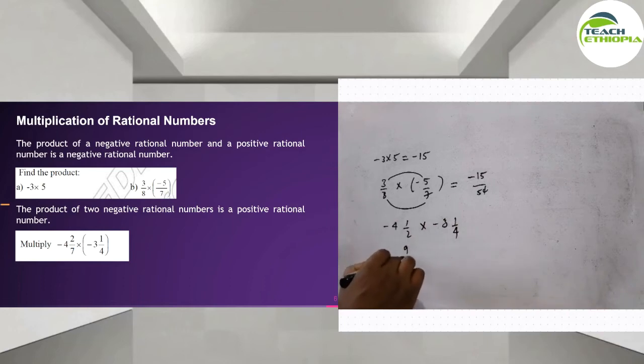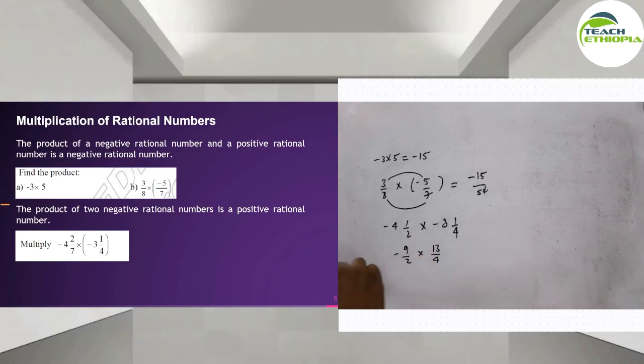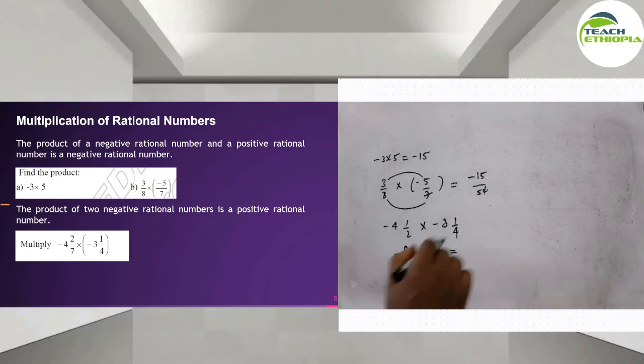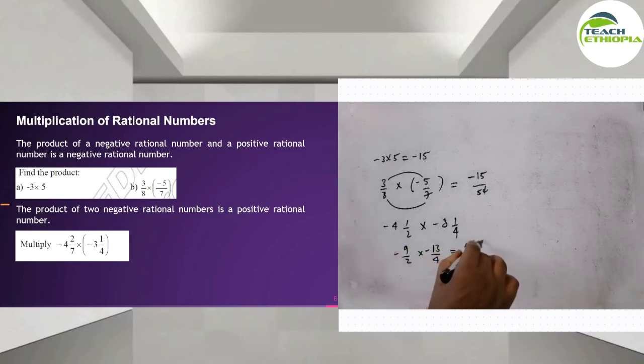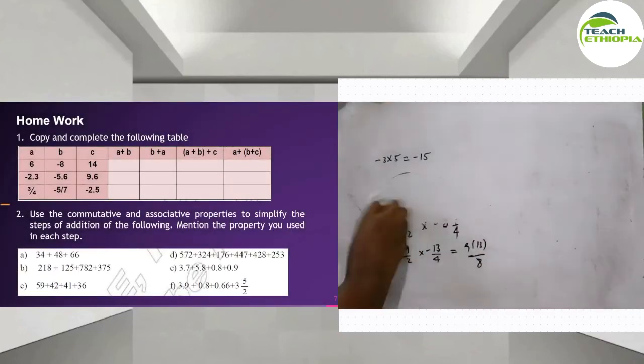So 9 over 2, which is minus times of 3 times 4, 12 plus 1, 13 over 4. This is minus, so minus times minus is plus. 9 times 13 over 2 times 4, which is going to be 8. This is how we are going to manipulate any multiplication of rational numbers.